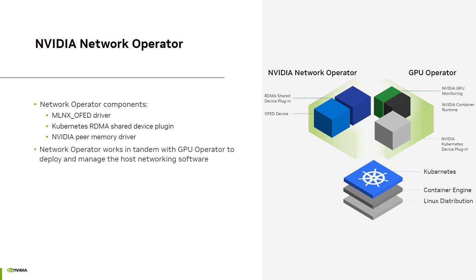The network operator's goal is to install the host networking components required to enable RDMA and GPUDirect in a Kubernetes cluster. The NVIDIA Peer Memory Driver is a client that interacts with the network drivers to provide RDMA between GPUs and host memory. The network operator works with the GPU operator to deploy networking software.